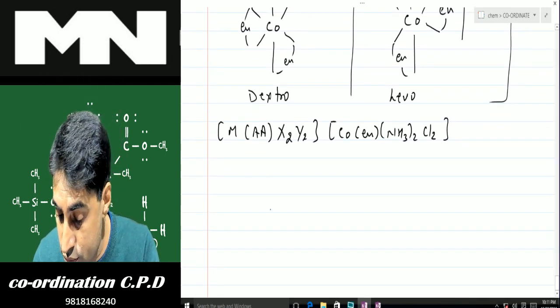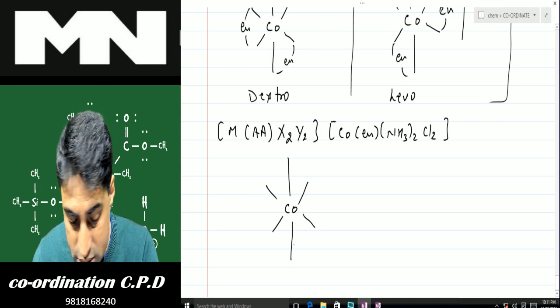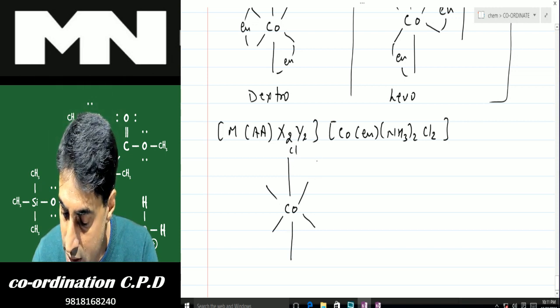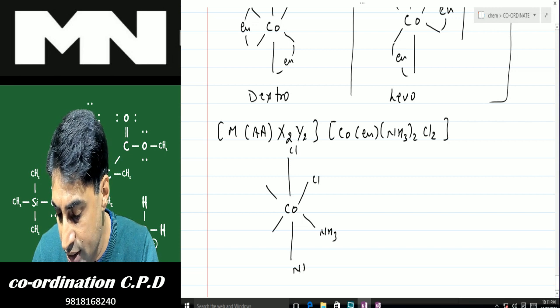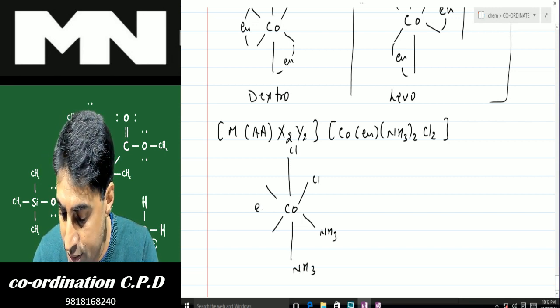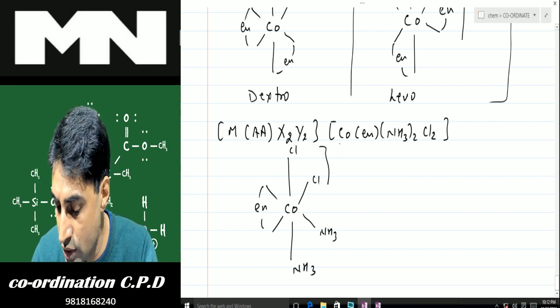Now I'll draw the structure of this compound for you. Co with positions 1, 2, 3, 4, 5 and 6. So Cl, Cl, NH3, NH3 and en. This one has a +1 charge.